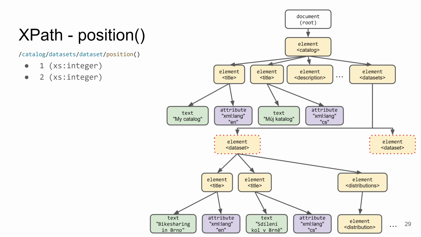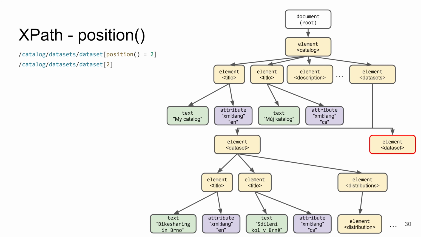So we may test or get the position of an element in the child sequence of the parent. So here we go to the dataset elements, and one of the dataset elements is first and one of the dataset elements is second. So we get the number 1 and the number 2 here as the result of the position call.